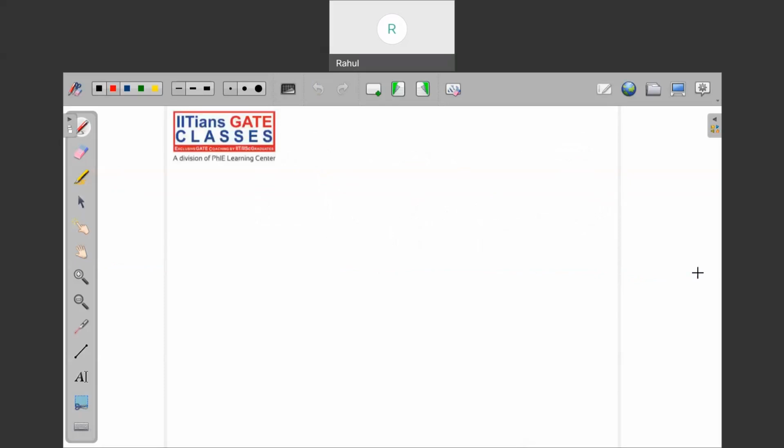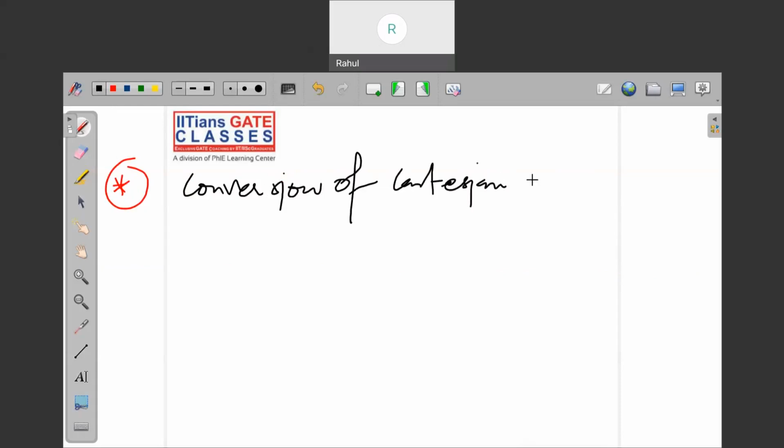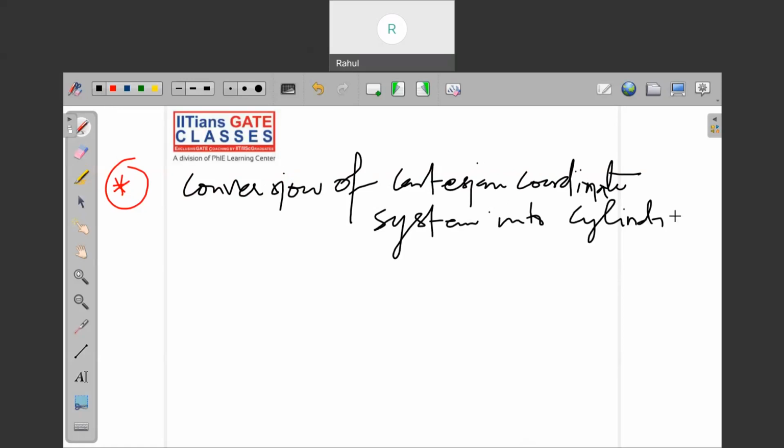So I hope you will be able to. The topic is going to be conversion of Cartesian coordinate system into cylindrical coordinate system.